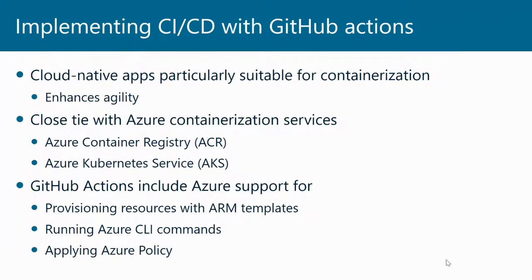So if you want to implement this, which we're going to do with CI/CD with GitHub Actions, cloud native apps in particular are suitable for containerization. And it enhances agility. That's that portability agility thing that I was just going over. This has a very close tie with Azure Containerization Services. In other words, ACR.